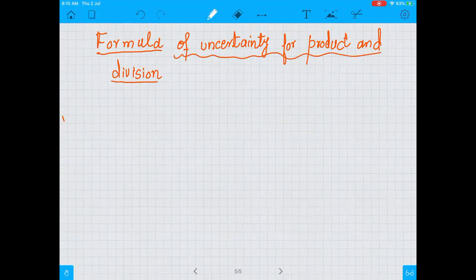So when we multiply two values or we divide two values, how will we calculate their uncertainty?